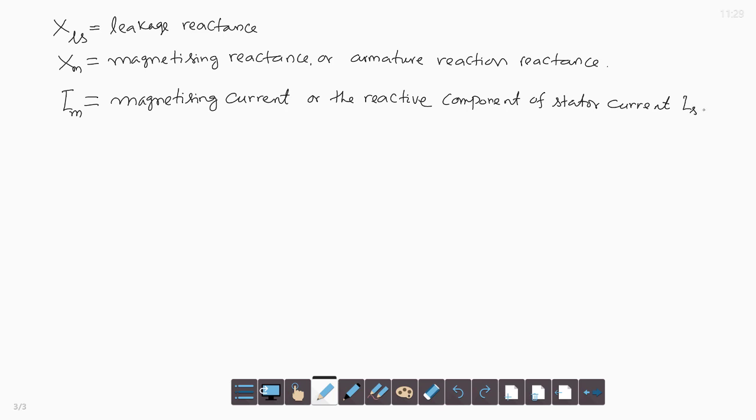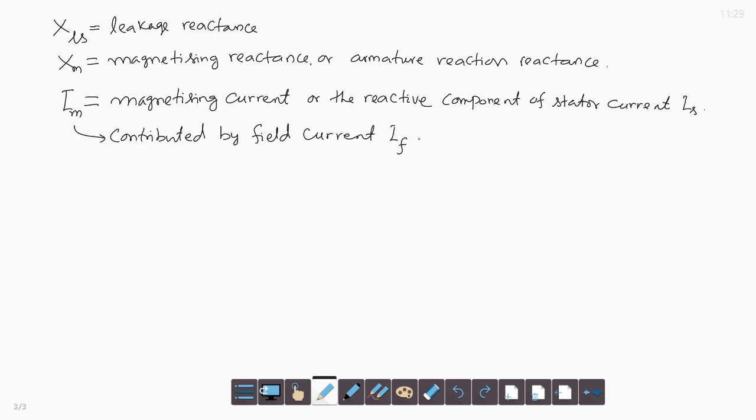This magnetizing current is contributed by field current If. So, this is the reaction of the stator to the field current If.